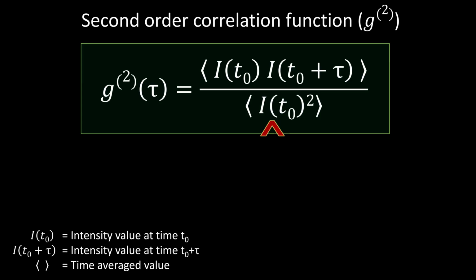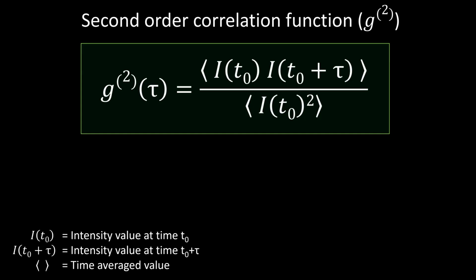But the value in the numerator is indicative of how much and how fast intensity variations occur over time on average. And that is what the brackets indicate, that these are a time average over many values of t0 that describe how intensity variations fluctuate in time. Now, even if you literally know the intensity values at t0 and t0 plus tau, I guess understanding this formula isn't really straightforward.